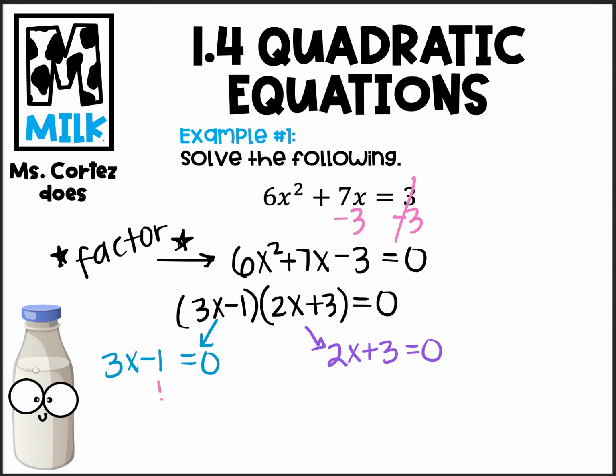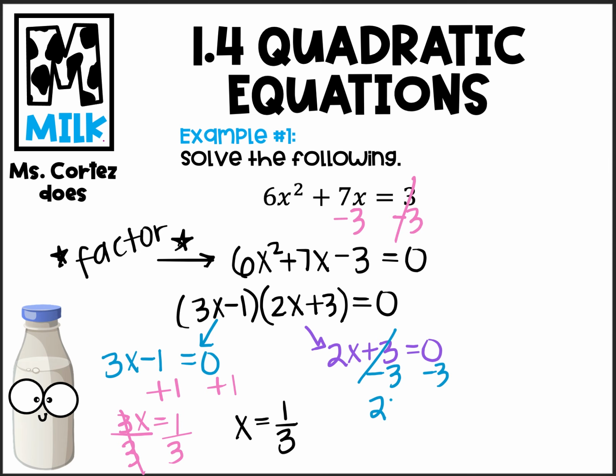We solve for it, add 1 on both sides. Now I have 3x is equal to 1, and then divide both sides by 3. x is going to be equal to 1/3 from my left factor. Now for the other side, I subtract 3 on both sides.